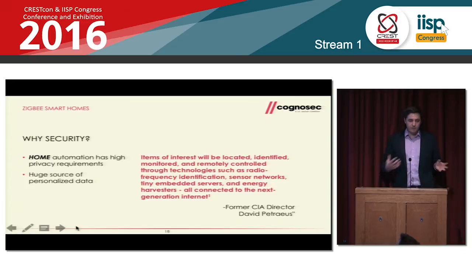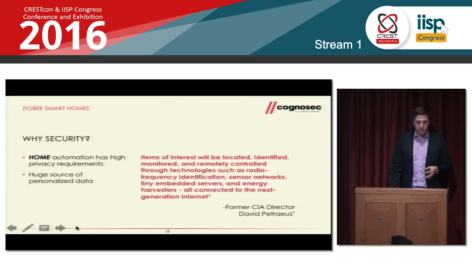Also very interesting is a quote from the former CIA director, David Petraeus: "Items of interest will be located, identified, monitored, and remotely controlled through technologies such as radio frequency identification, sensor networks, tiny embedded servers, and energy harvesters, all connected to the next generation internet."